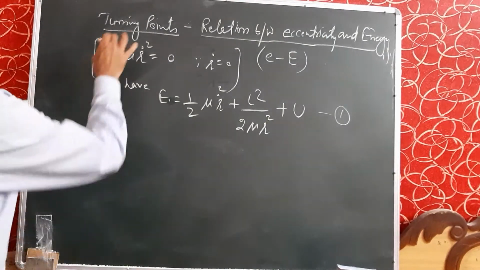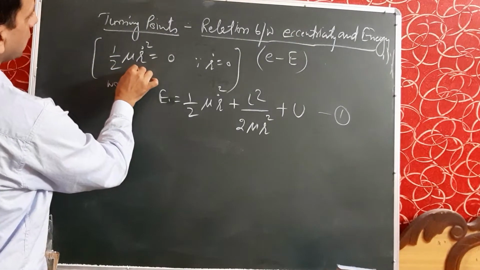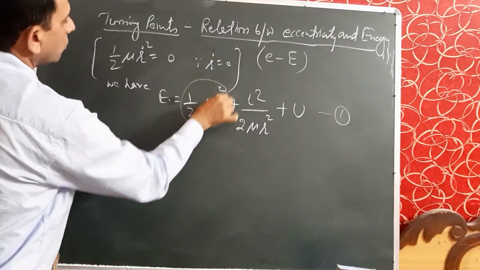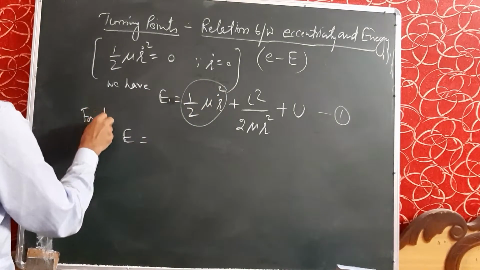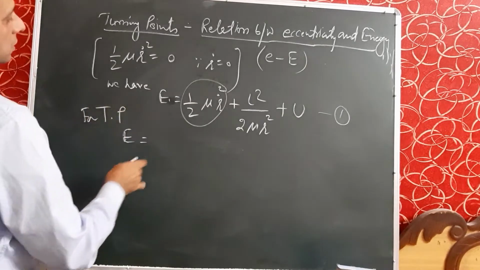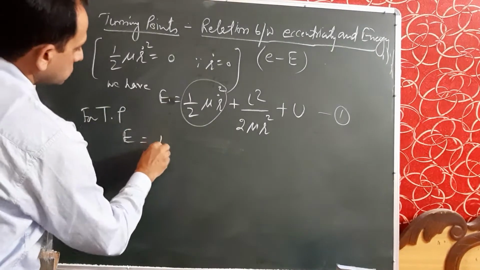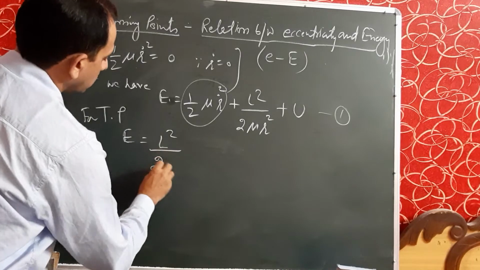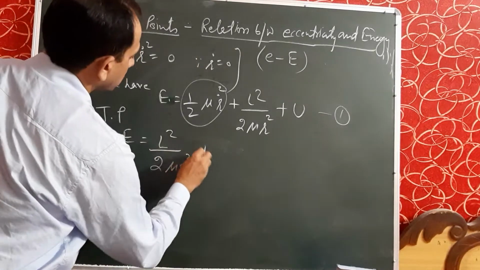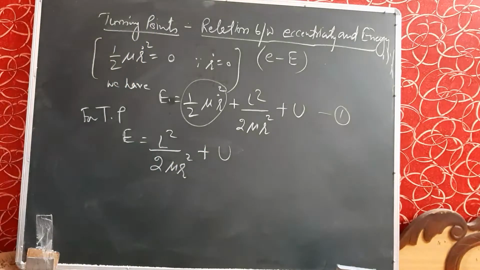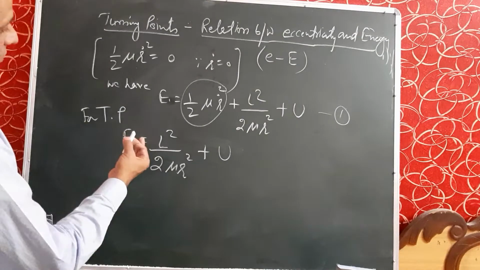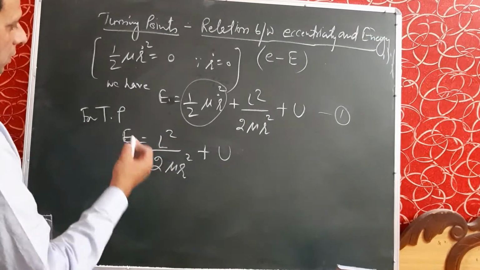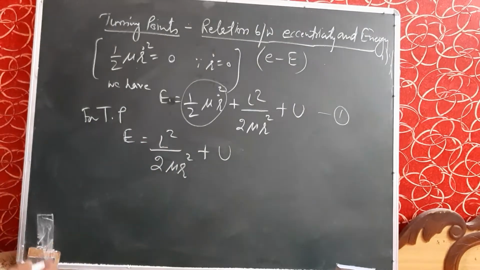Using the condition of a turning point, the first term becomes 0, so the equation reduces to E equals L square over 2 mu r square plus u.